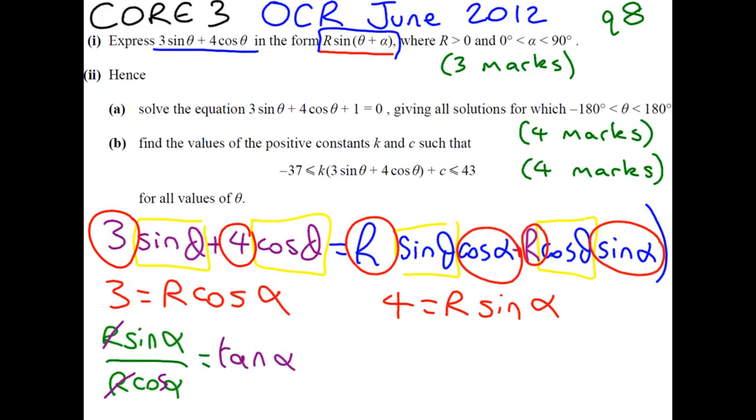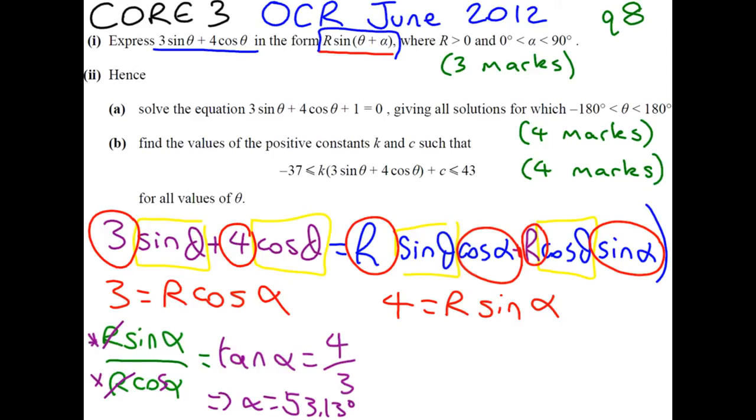And we also know that r sine alpha was 4 and r cos alpha was 3. So that means that tan alpha equals 4 over 3, which we can solve by doing tan to the minus 1 of 4/3. And if you put that into your calculator, you're going to get 53.13 degrees. So we have our angle.